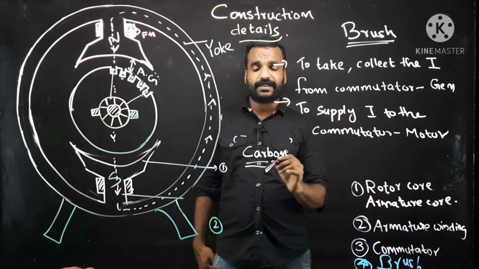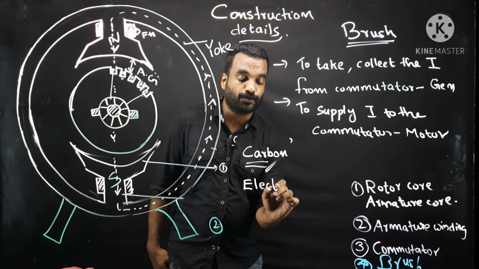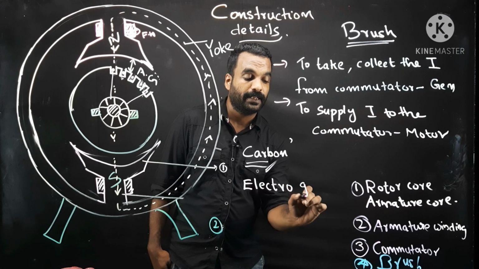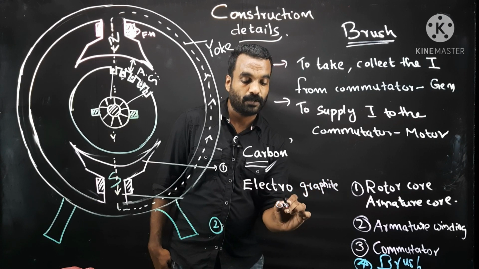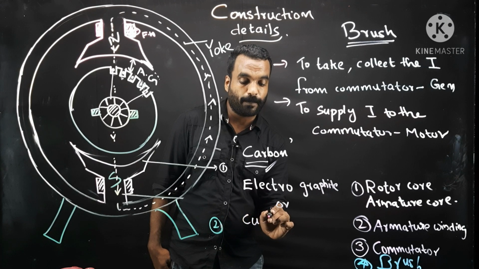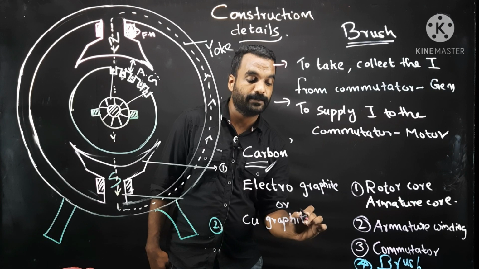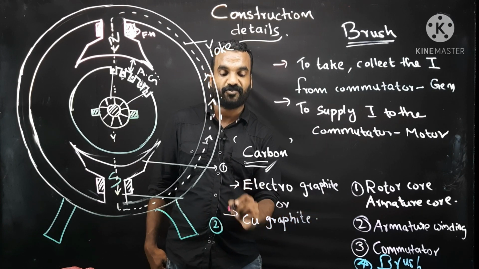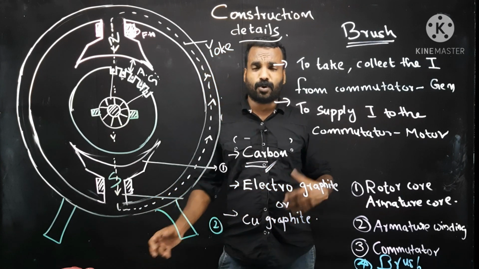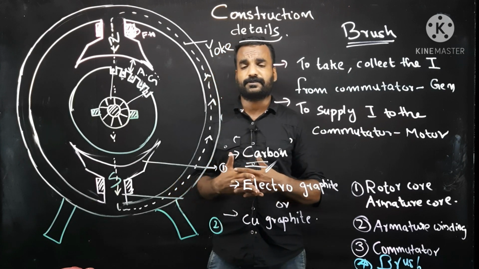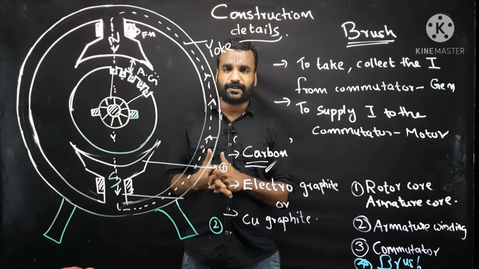But for large machines, electrographite or copper graphite brushes are used. So, these are the three types of brushes: carbon brushes for small machines, electrographite or copper graphite brushes for large machines. So, this is the construction details of DC generator or DC motor.